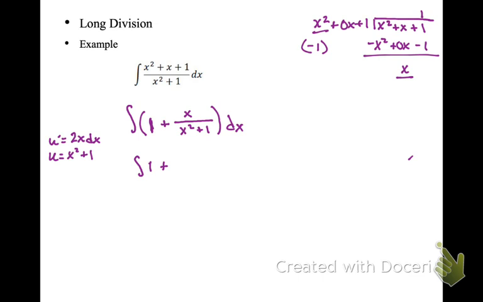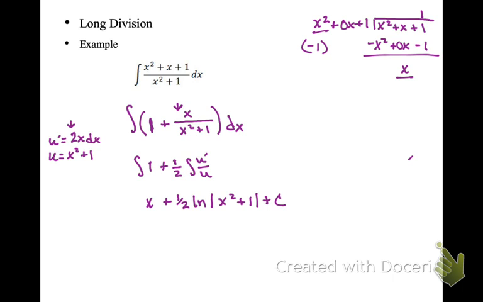How did the 2 go to a 1? 1/2 the integral, and do we have u prime over u? So the integral of 1 is x plus 1/2 the natural log of the absolute value of x squared plus 1, plus c. And we're just going to leave the 1/2 there because they've been doing it.